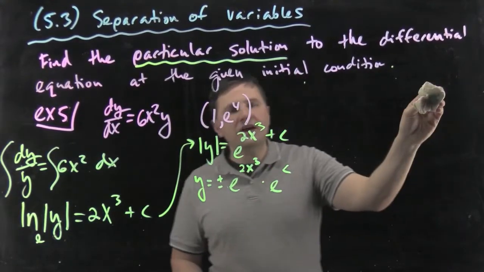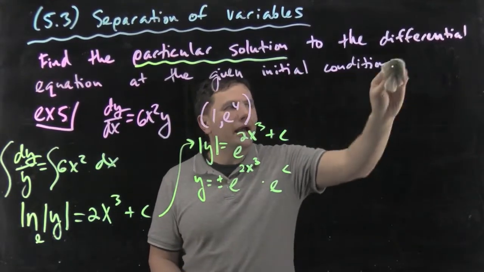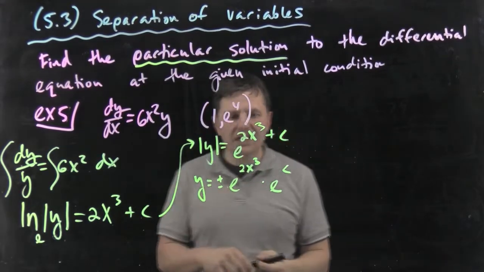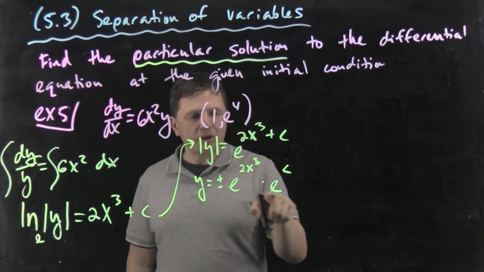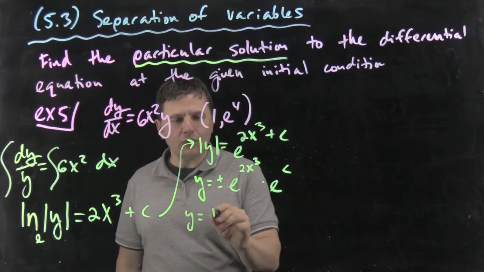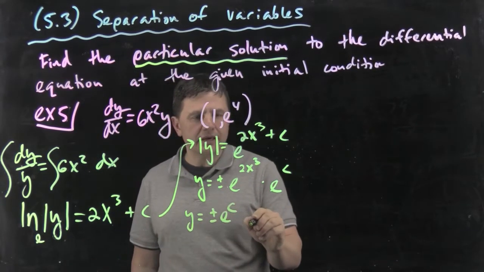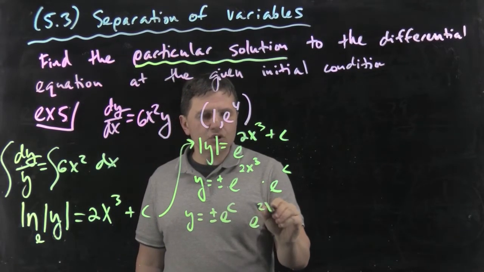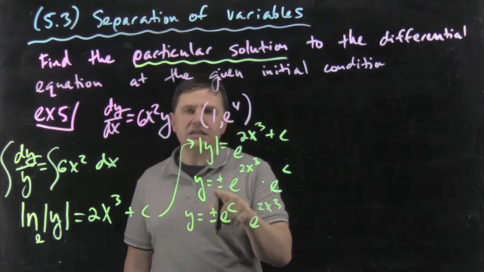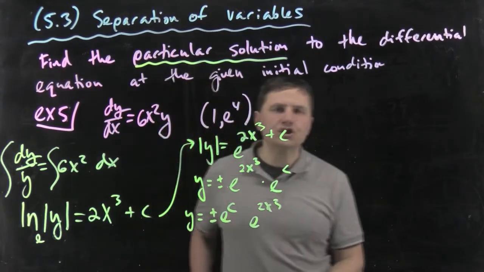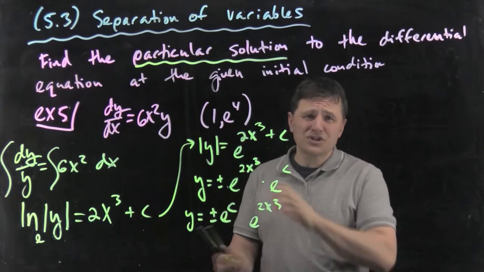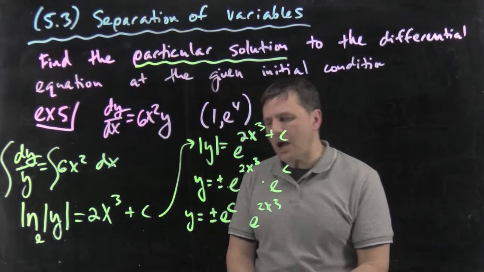Now, that is a general solution, but we want this in a nice form, realizing the plus or minus. I call this y equals plus or minus e to the c, and then e to the 2x to the third. All I did was move that e to the c to the front. Keep in mind, multiplication is commutative and associative, which means I can move the factors around however I want.